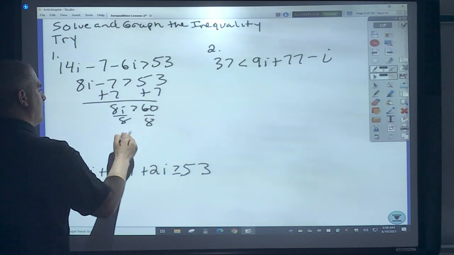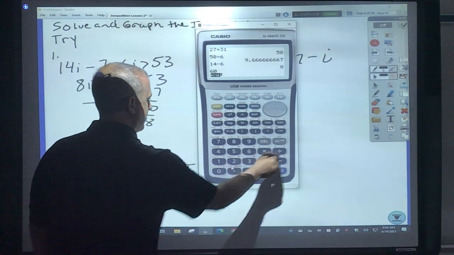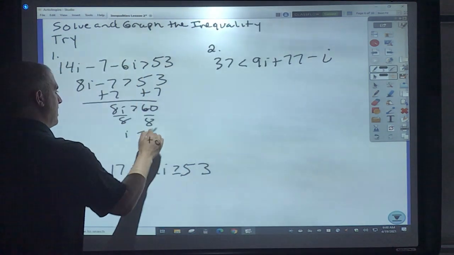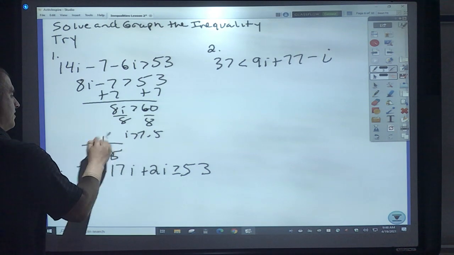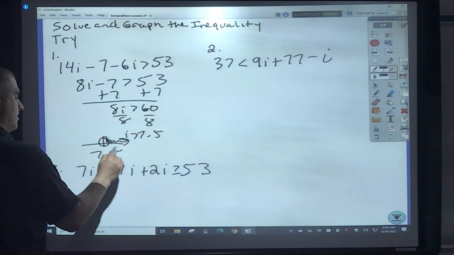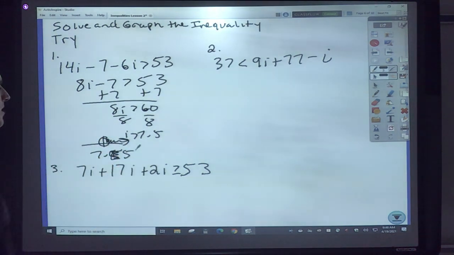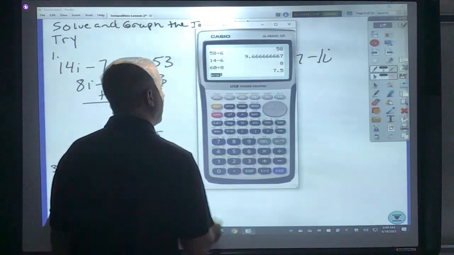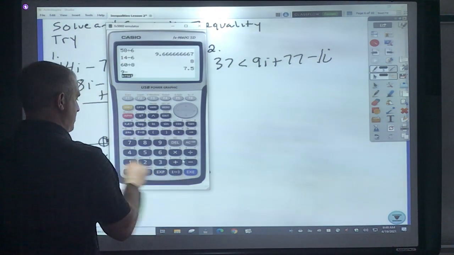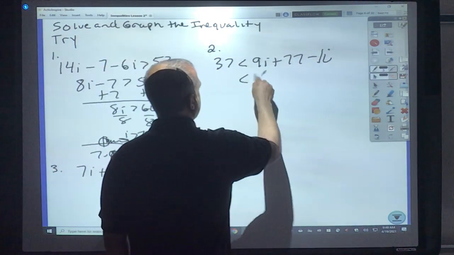Divide by 8. I would be whatever 60 divided by 8 is, 7.5. Okay, I got an open circle on 7.5. I would shade this way. All right, this one, I would put a 1 here. So what I got is 9 minus 1 is 8.